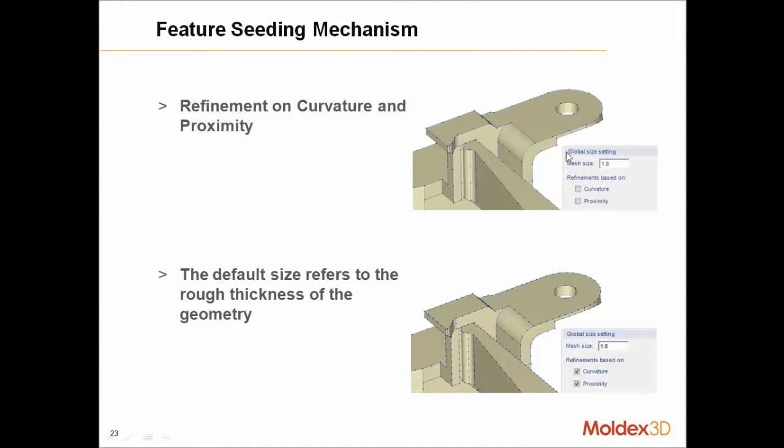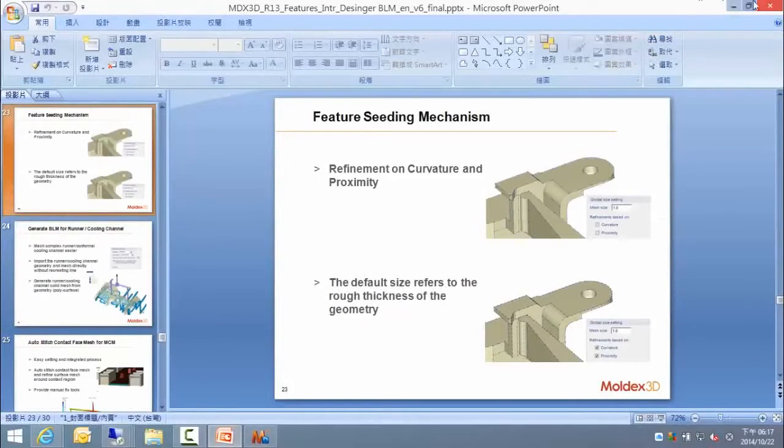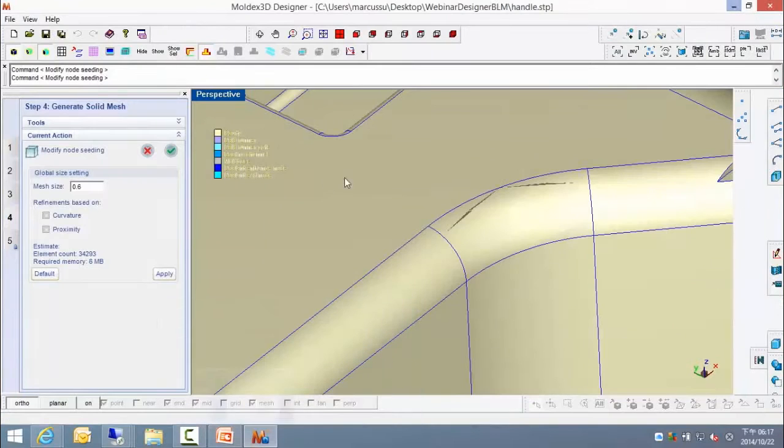The curvature, if you tick it, the software will automatically detect all the circular shapes and add 6 nodes on every circular shape to avoid square shapes or triangles. And the proximity tool will detect all the poor quality parts, narrow edges, like for example here, and will also add extra nodes on those places.